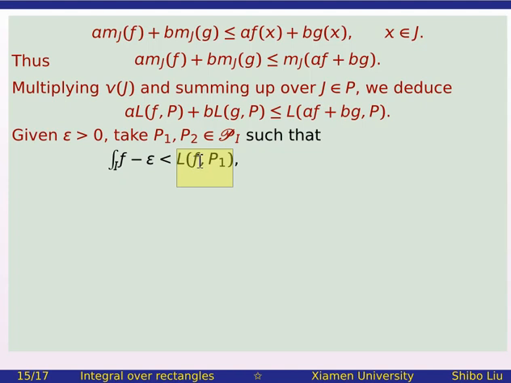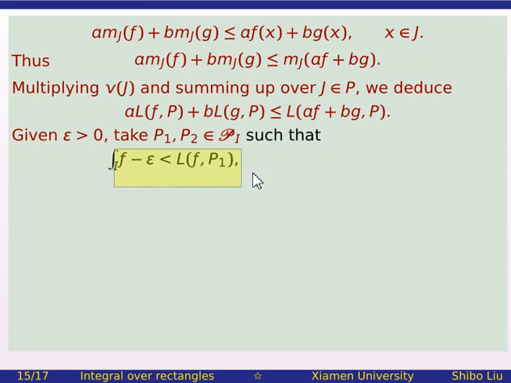So for a suitable partition P1, the lower integral, that is the integral, subtract the lower sum will be less than epsilon, because the lower sum and the lower integral will be very close. Okay, therefore we can write the result in this way.